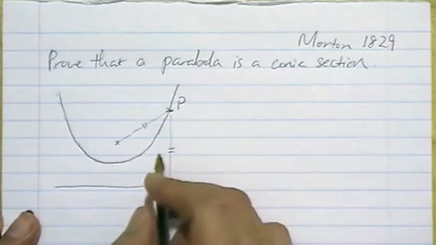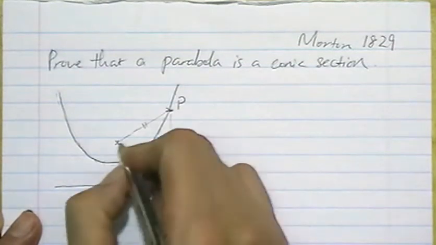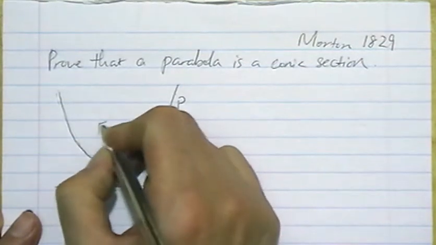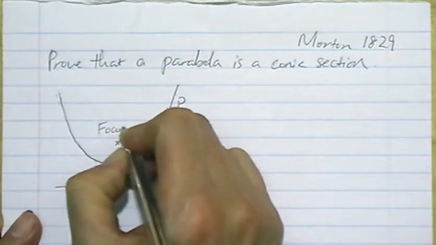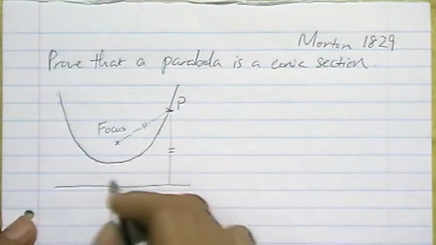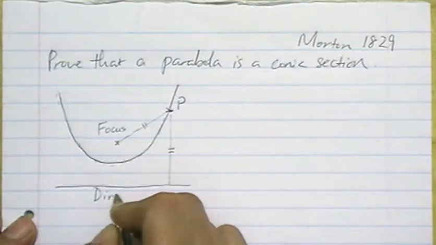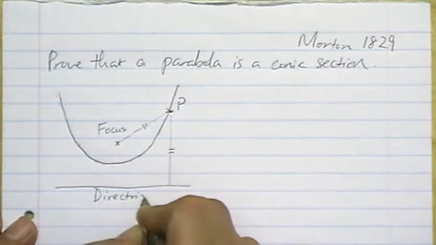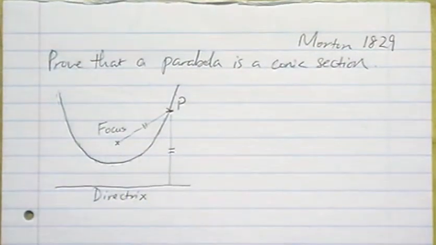Now let me define some names. This point here is called a focus, and that line is called a directrix.